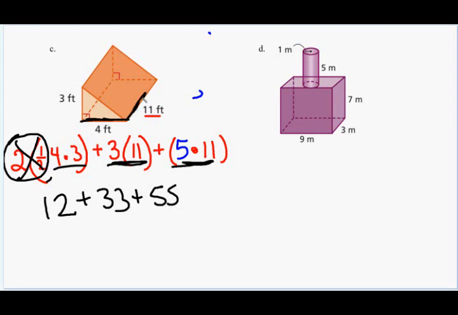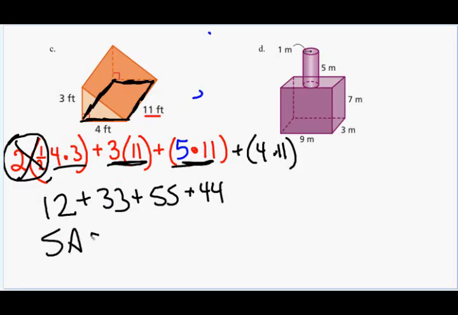This is 4, and this is 11, so that's going to sort of be the base of this shape. So we need to add a 4 times 11. 4 times 11 is 44. There we go. I know I needed 4 numbers down here. So 12 plus 44 plus 33 plus 55. Our surface area is about 144. Our units here are feet, and it's area, so it will be square feet.